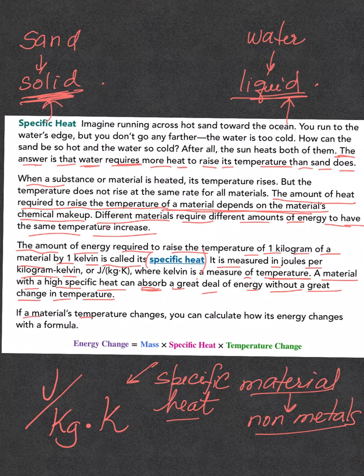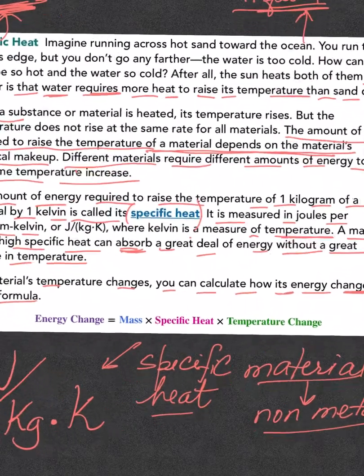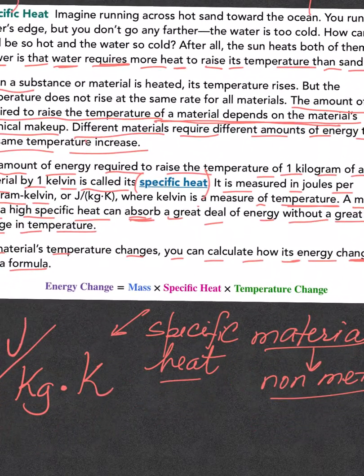If a material's temperature changes, you can calculate how its energy changes with a formula. And look at this beautiful formula over here. You're going to multiply the mass by the specific heat, which is a constant, and I'm going to give you the number, multiplied by a change in the temperature.